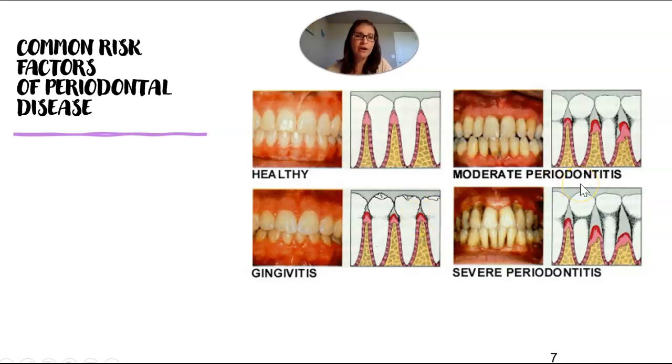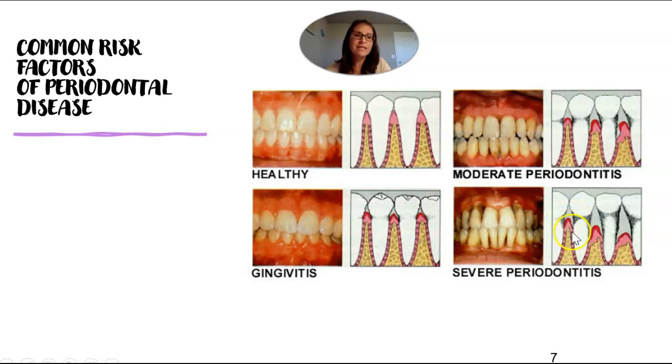As we get into the moderate periodontitis, we can see that very irritated red. The tissue has receded tremendously. The bone is starting to recede as well in certain areas where it's probably a little worse than others. And definitely when we get to the severe periodontitis, that bone level has really receded, gum tissue has receded, so again you don't have that nice interdental papilla up in this area like you did when it was healthy.